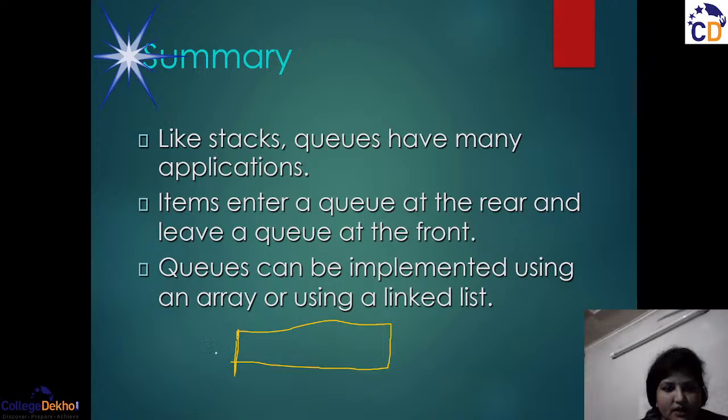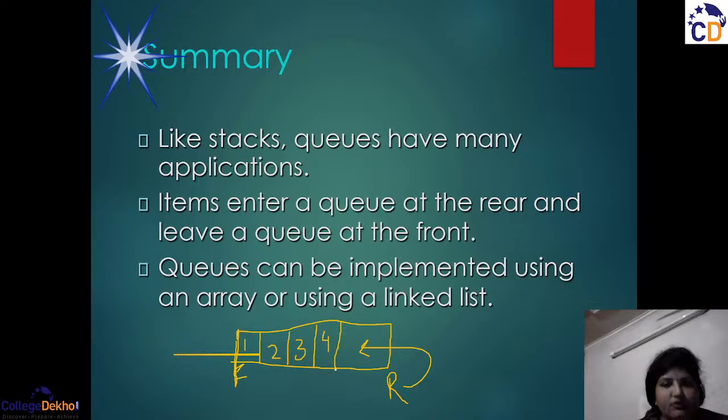Suppose this is my front and this is my rear in the queue. I have entered the elements, 1, 2, and 3, and so on, right? So there are a number of elements in the queue.